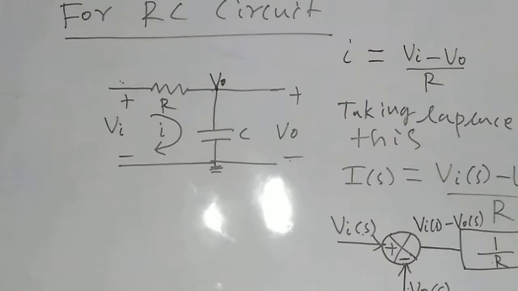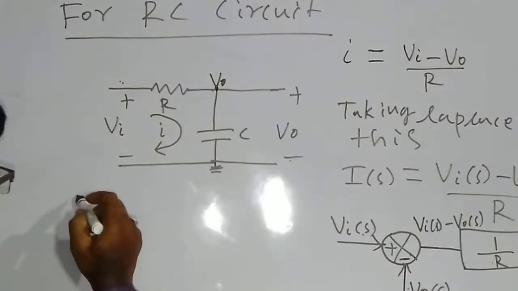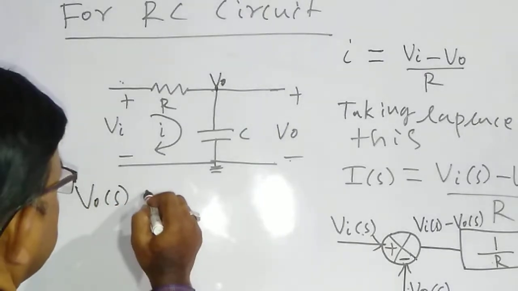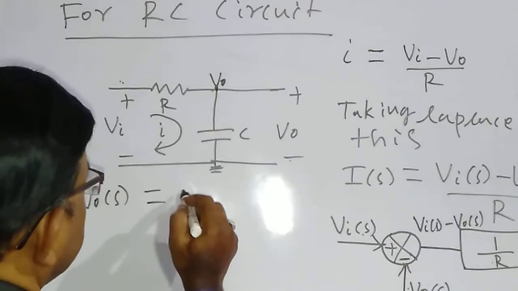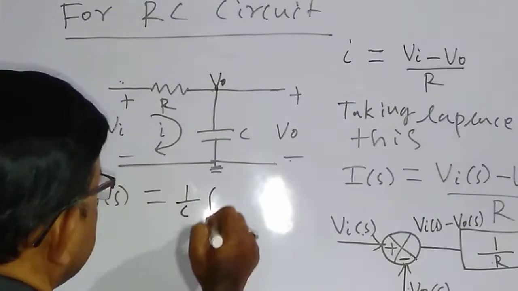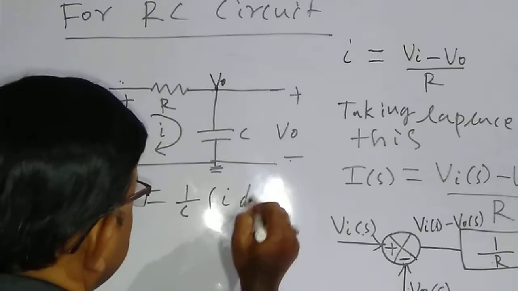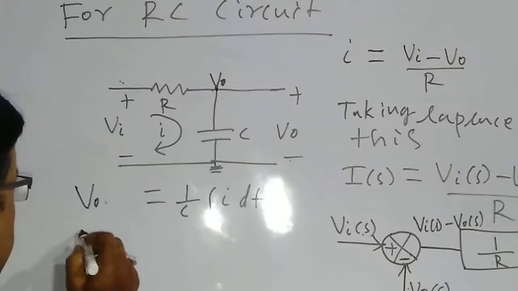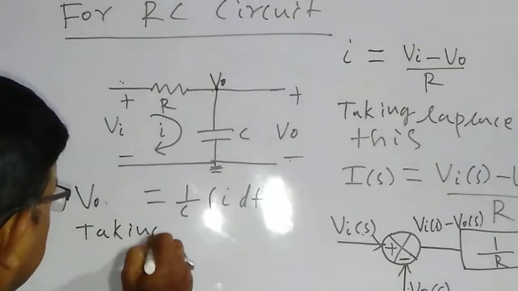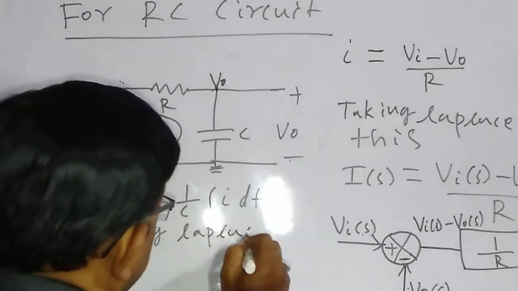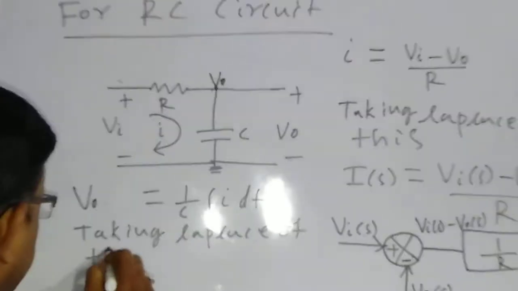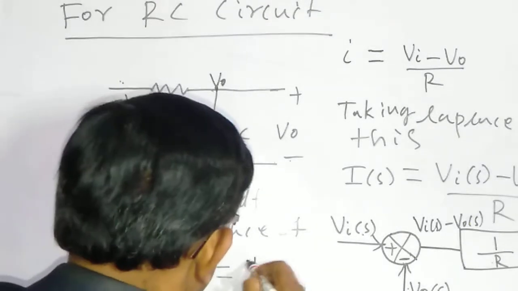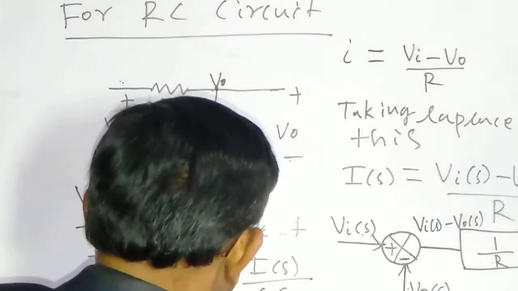So now let us find the output voltage equation. So output voltage V naught of t is equal to 1 by C integral of I dt. So taking Laplace of this, that is V naught of s is equal to I of s by Cs.